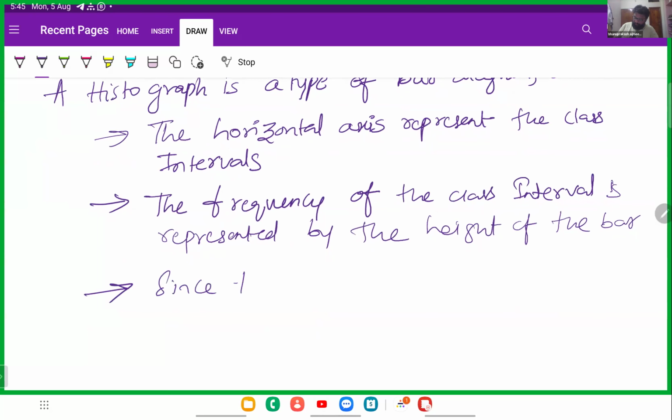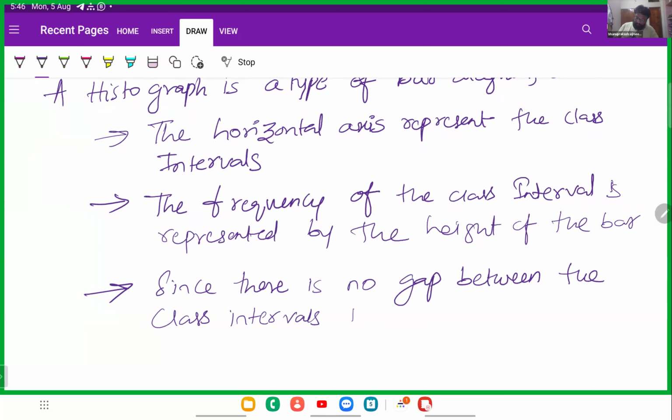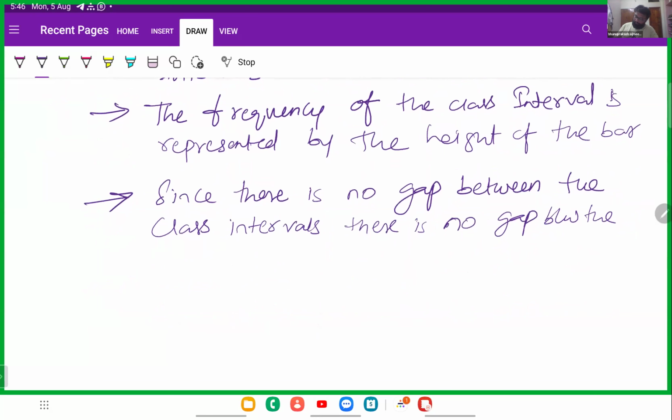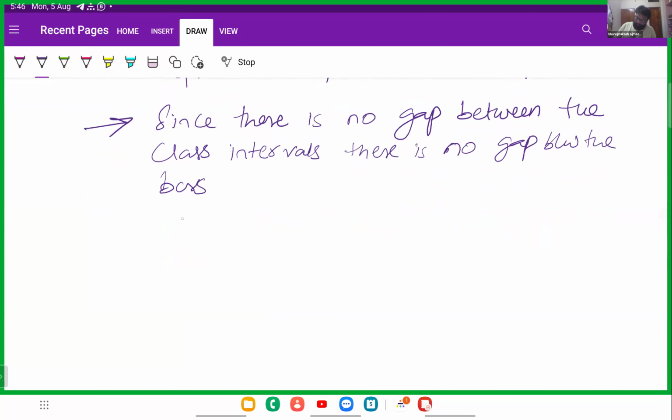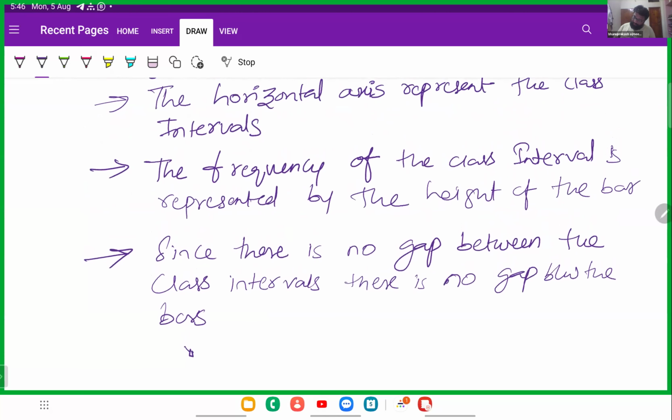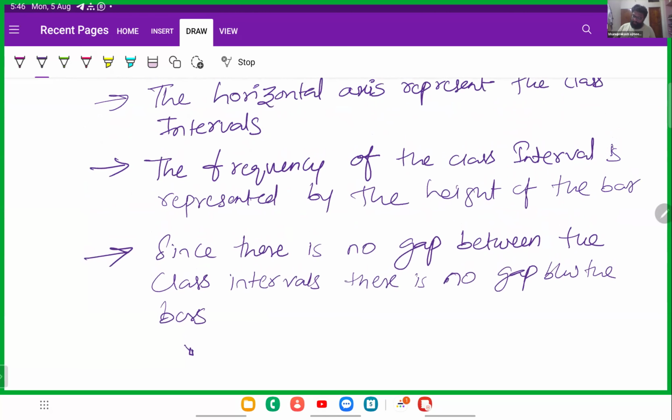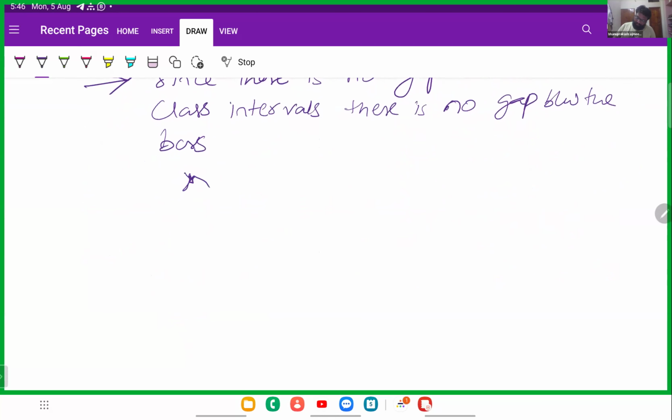Since there is no gap between the class intervals, there is no gap between the bars. Okay, now I will tell you. Here they said that on the vertical axis, the frequency of the class interval is represented by the height of the bar. So on the vertical axis I am taking the frequency.